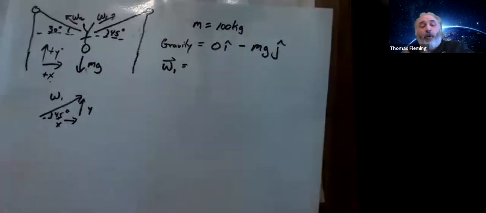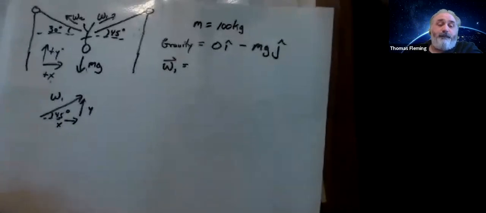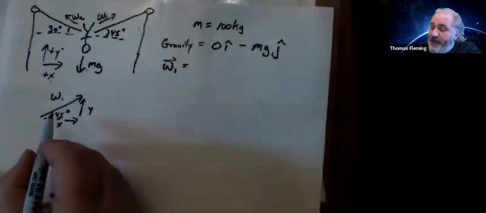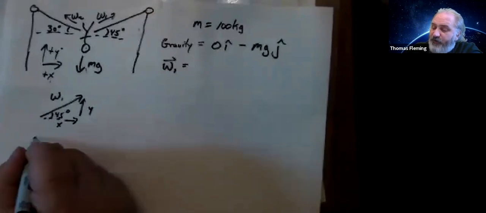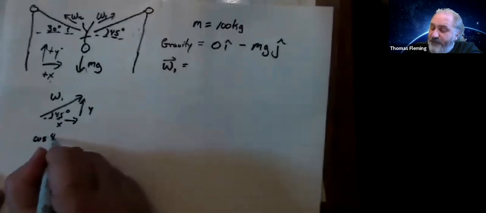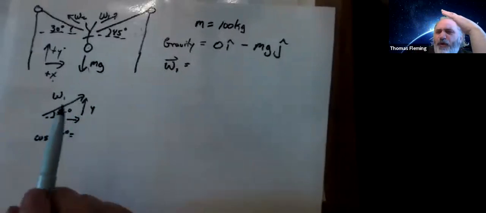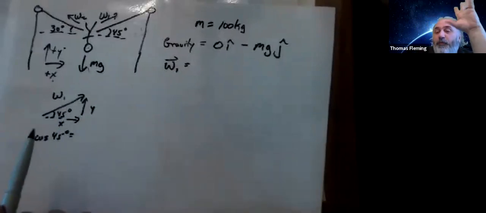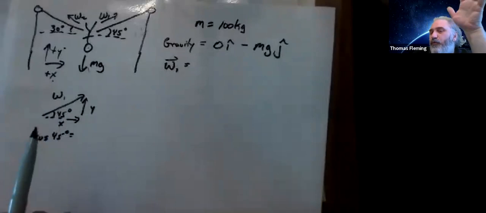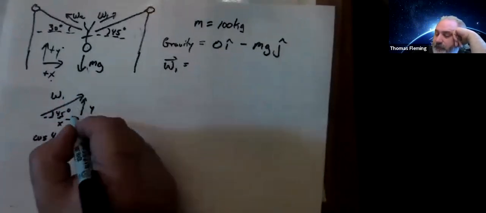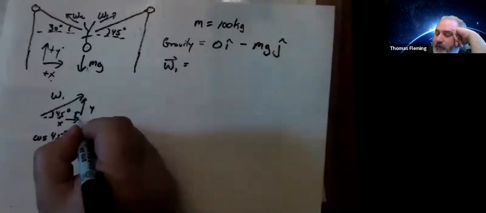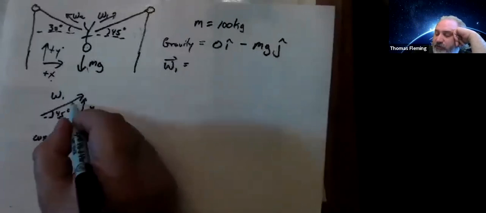Now I can do SOHCAHTOA. And I know that, for instance, the cosine of 45 degrees has to equal the adjacent side of the triangle. And again, if you're having a hard time identifying which ones are opposite, which ones are adjacent, the general rule is this, right? Here's the right angle, and the hypotenuse is always across from the right angle.